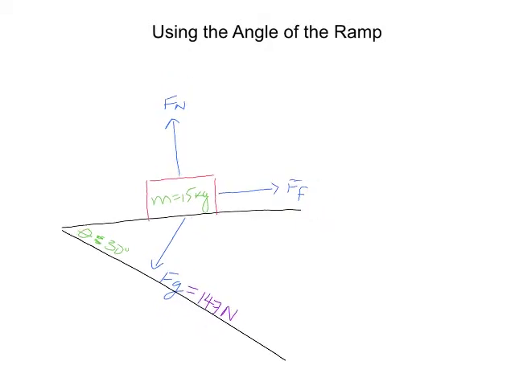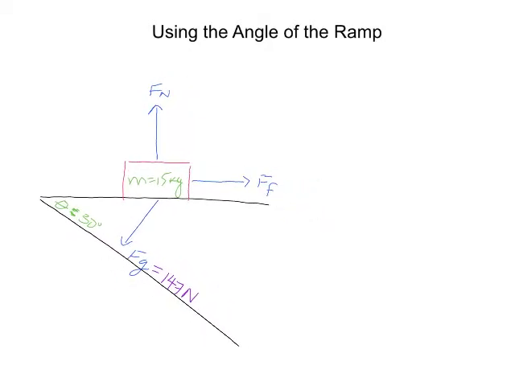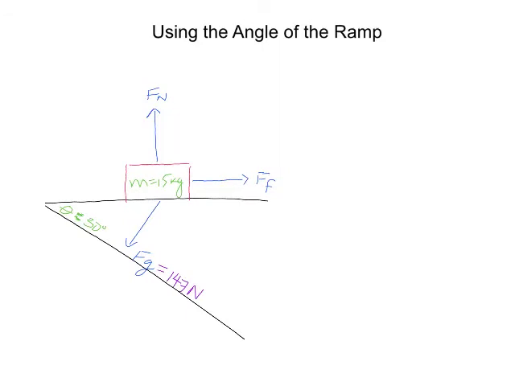All right, so let me make this a little smaller just so we have room. So our components are going to be F sub gy and F sub gx. Okay?